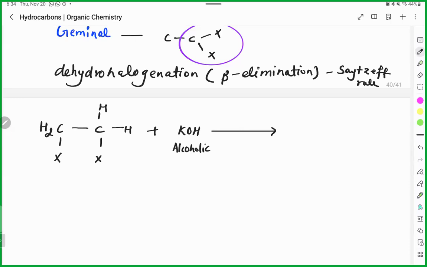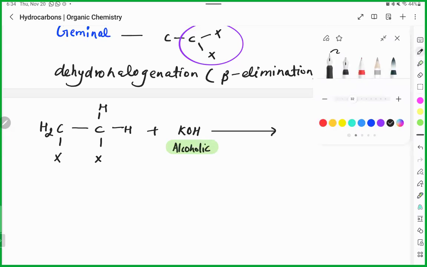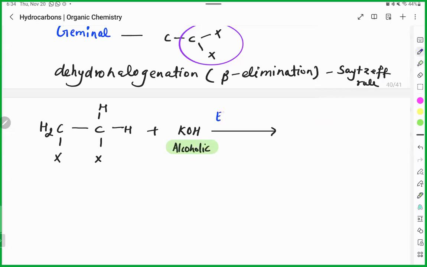Alcoholic. If you take aqueous KOH, then OH will replace halogen and it will be a substitution reaction. But here we are talking about an elimination reaction. So elimination can happen only in alcoholic KOH.